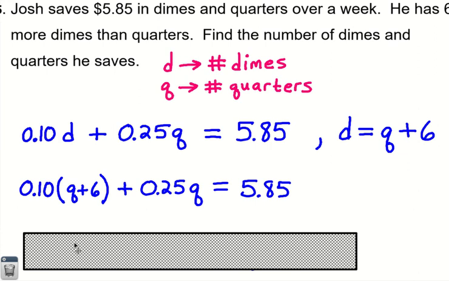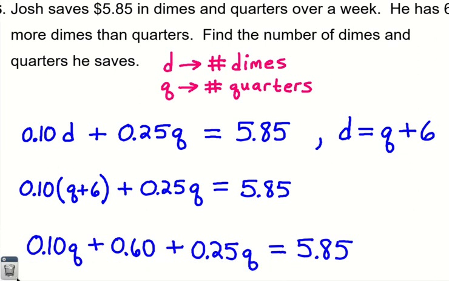We start by distributing and getting here. And it looks like I ran out of room, so I'll just finish it here live, just like the other one. What would we do next? Wouldn't we combine the like terms? 0.10Q and 0.25Q, those are like terms.